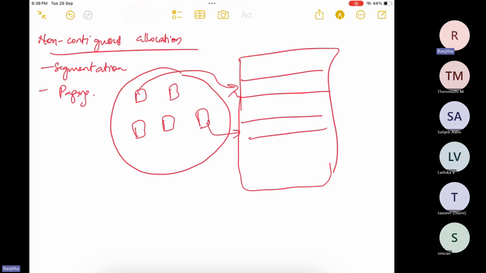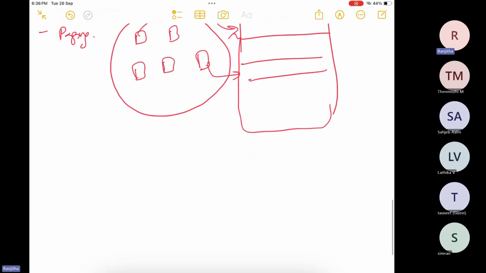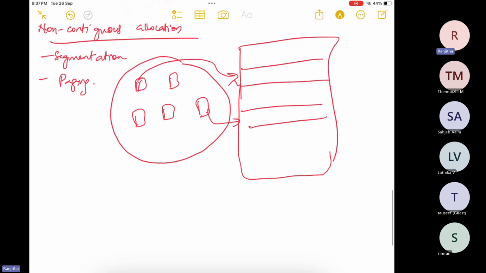Here we are not trying to keep the whole program in a big chunk of memory. We are splitting the program into smaller chunks, and each chunk goes to a smaller chunk of memory. It's not one whole block as it was with contiguous allocation.